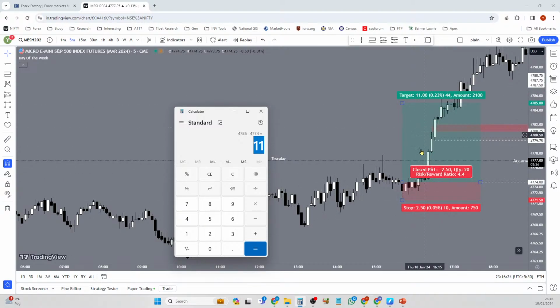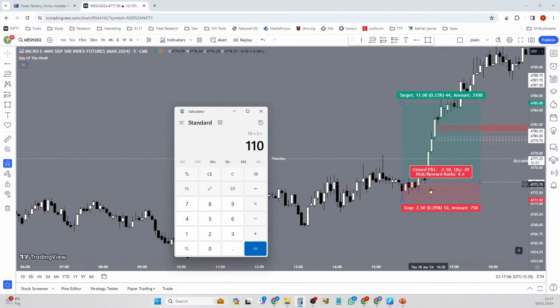If you had been trading just one single contract, then 11 points times $5, you would have made $55 on this move. But let's say you were trading two micros, then you just multiply this 55 by two, the number of contracts you have taken. So that's how your profit is calculated.